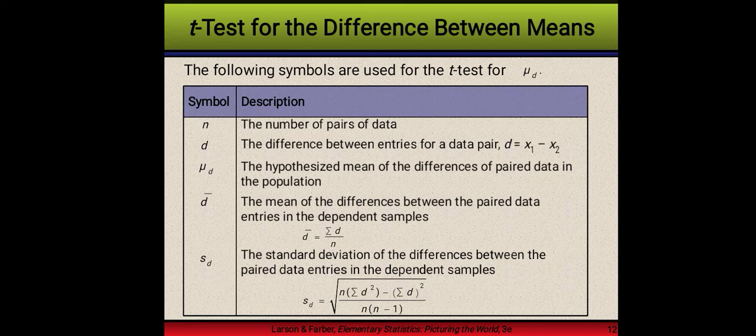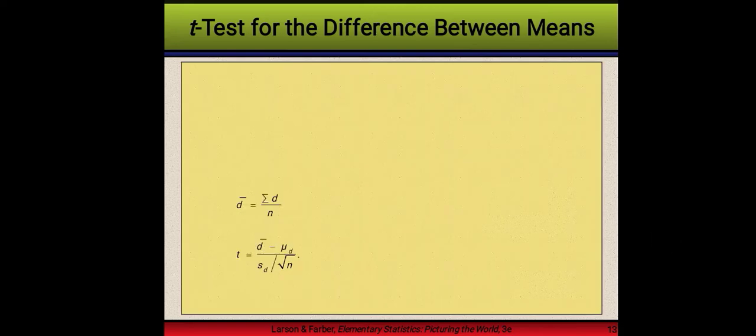Mu sub d is the hypothesized mean of the differences of paired data in the population, and d-bar is the mean of the differences between the paired data entries in the dependent samples. d-bar is equal to the summation of D over n. And we have s sub d, the standard deviation of the differences between the paired data entries in the dependent samples. These are in the lower part; here is the formula.